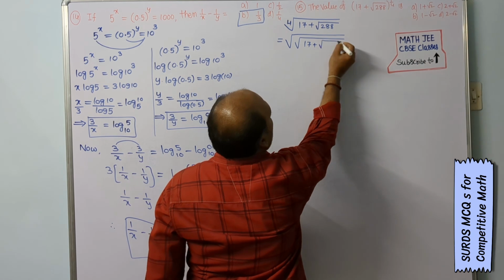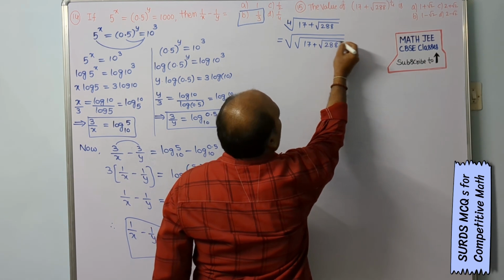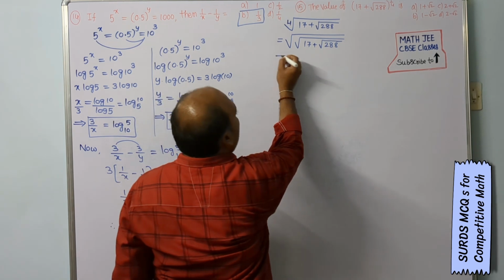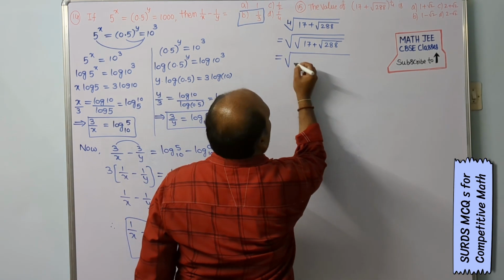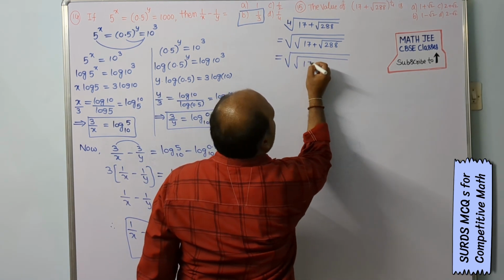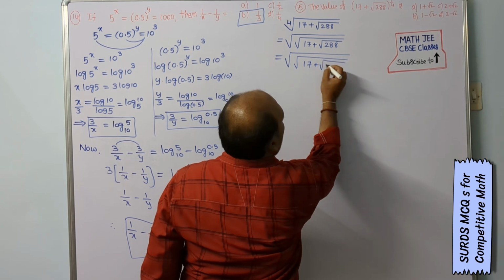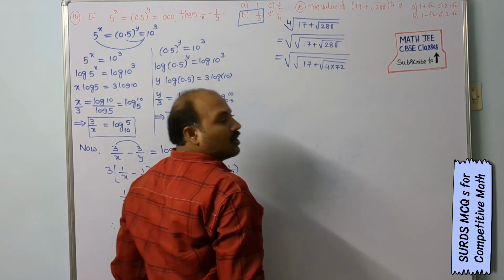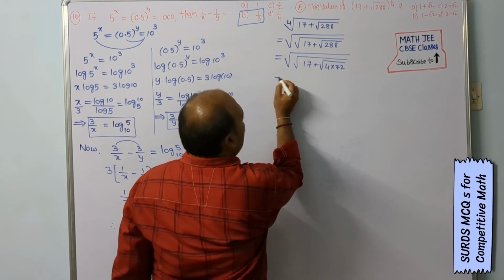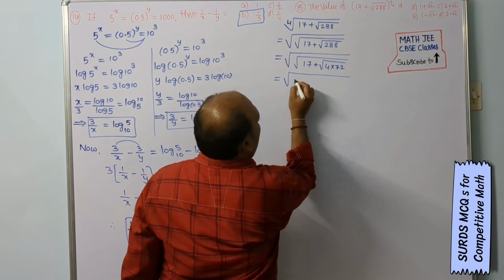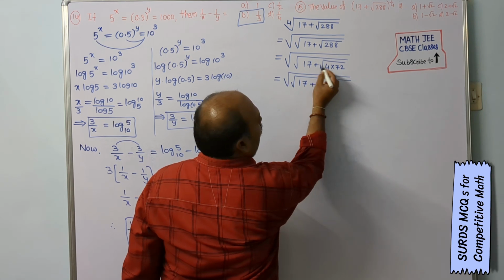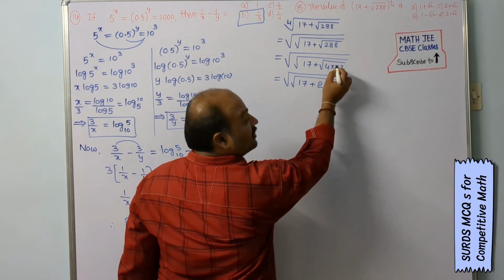17 plus root 288. So 288 in terms of 4, how many times are we going to do that? Root over 17 plus root of 4 into 72. So 4 bring outside of the root, it will become square root of 17 plus, 4 bring outside, 2 will come, 72.